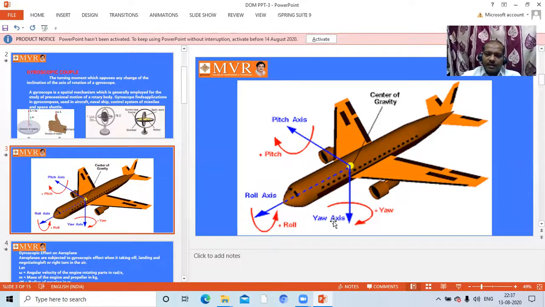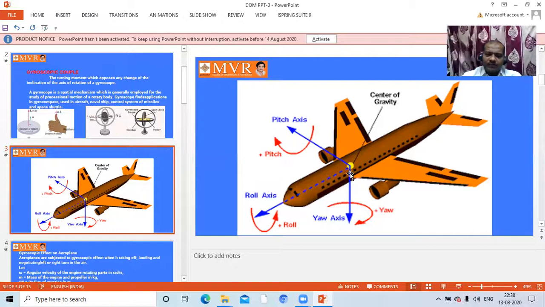That means moving the aeroplane sidewards, left side and right side, is called yaw. About the transverse axis, we have the pitch, that is up and down. Rolling is the movement of the aeroplane in the forward motion.